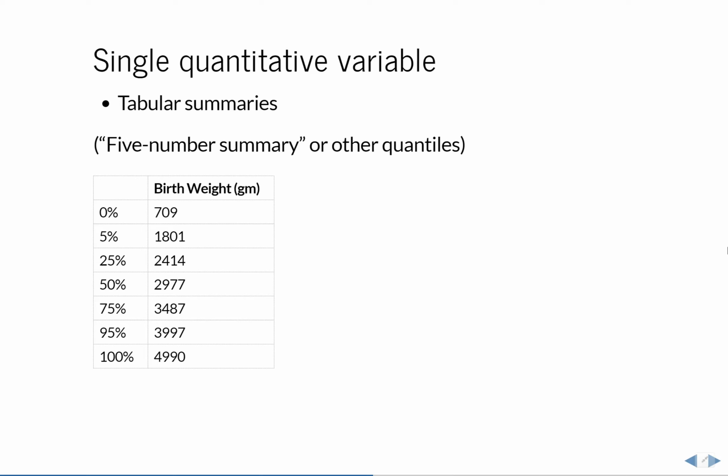The 95th percentile is nearly 4,000 grams, 3997, and that's a little shy of the maximum, which is 4990, which is again another reason to look at a picture and see if those top and bottom baby weights are outliers relative to the relatively extreme values of the 5th and the 95th percentile. But again, I think that these tables are not necessarily that easy to read, and they don't necessarily show you anything that you can't see in the histogram.